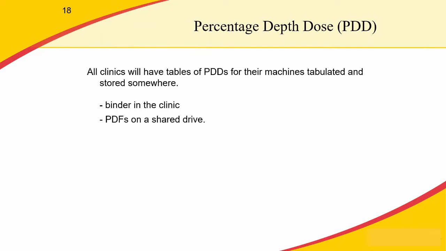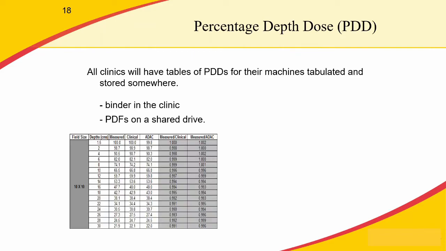All clinics have tables of PDDs for their machines and for each beam energy used for that machine and for each field size used for that machine, stored somewhere in the clinic. It's either printed out in a binder that's stored in a common dosimetry room or in PDFs on a shared hard drive.